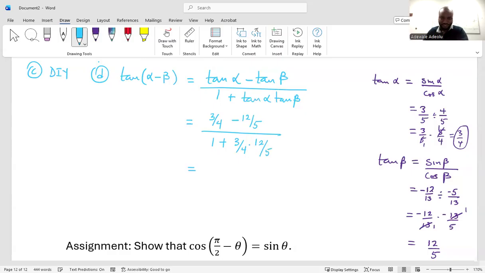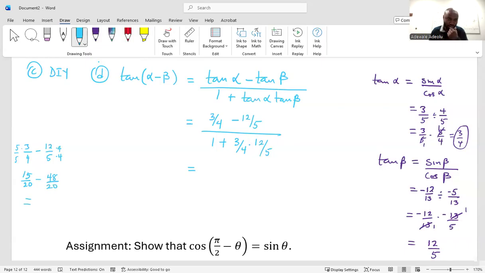And then if we solve the numerator, okay, let us solve the numerator somewhere. 3 over 4 minus 12 over 5. So I can multiply this by 4, then this by 5 to have the same denominator. So that is 15 over 20 minus 48, I believe, over 20.